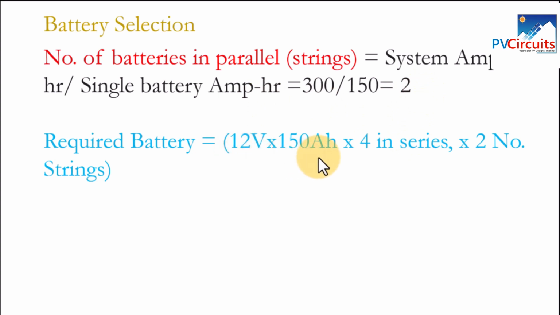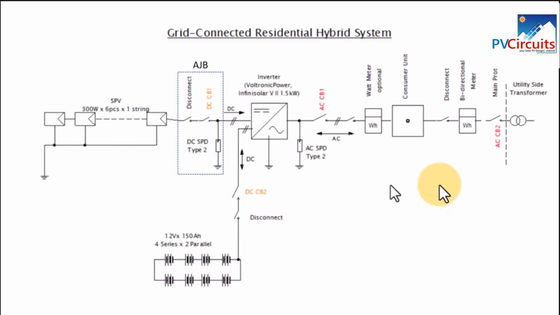And this is what we are saying down here, that we have the 12 volt by 150 Ah times 4 in series, then these ones, 2 of them times 2 strings. So initially this is our layout. This is how the system looks like. We have our modules connected in series, 6 of them.